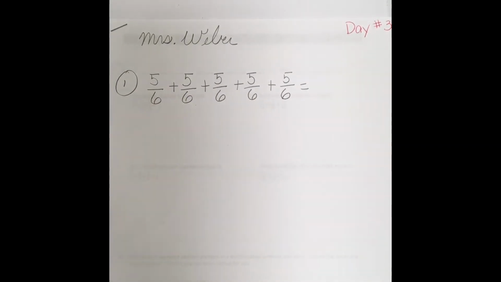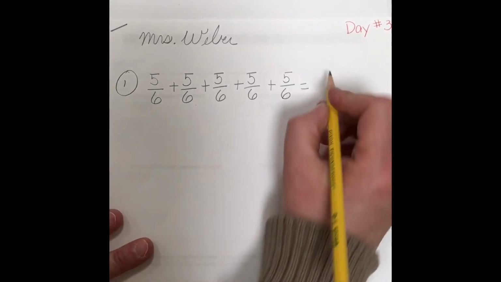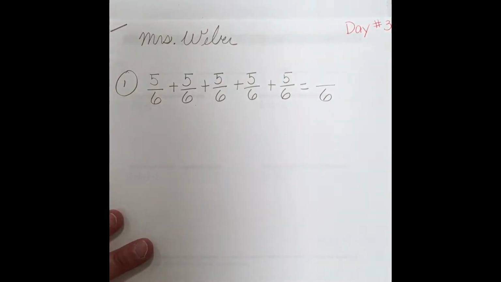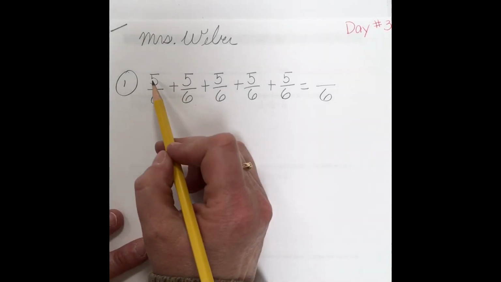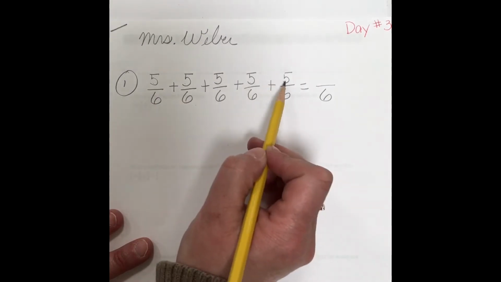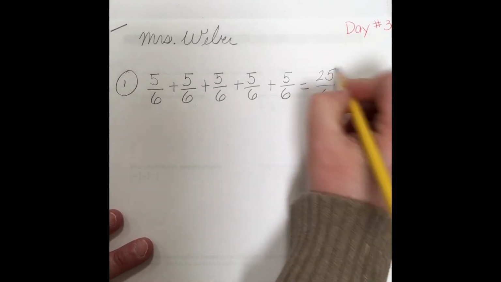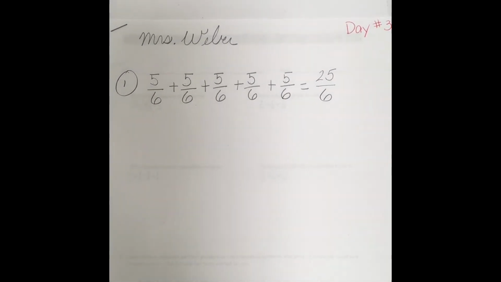Now, obviously, I can solve this. When the denominators are the same, I keep the same denominator. I add up my numerators. 5, 10, 15, 20, 25. That equals 25/6. I can also write this exact same problem as a multiplication sentence.